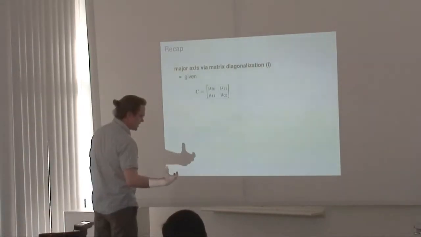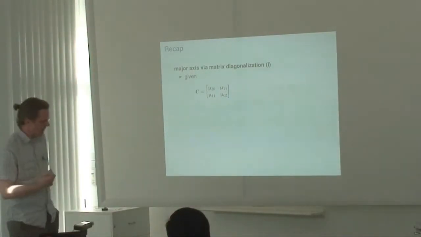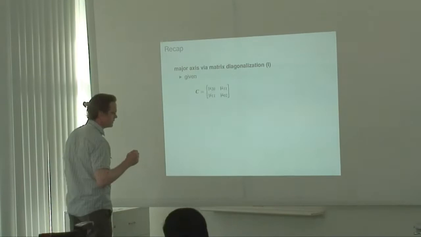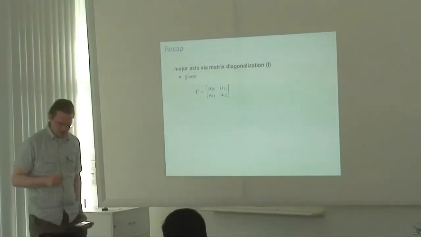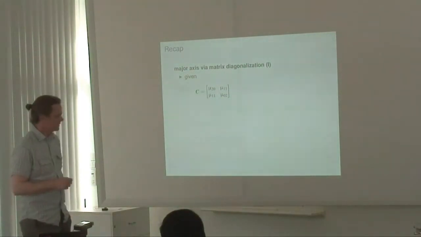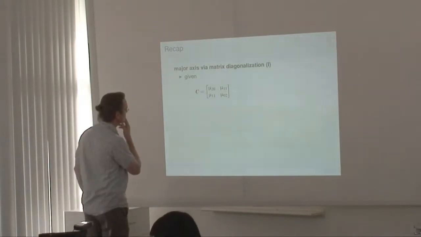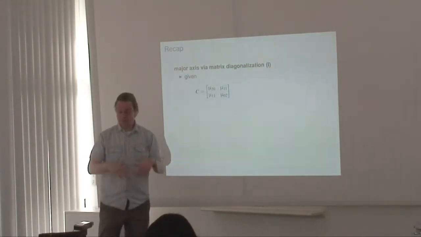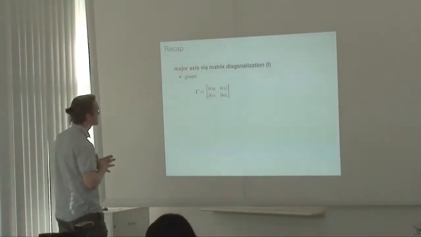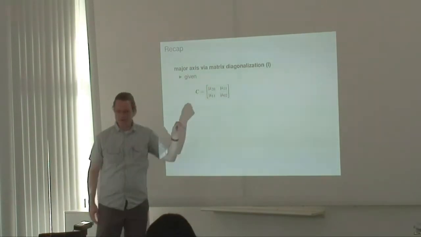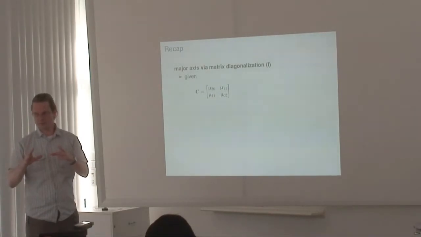The second approach towards computing this principal axis we began looking into last time is based on the idea of diagonalizing a covariance matrix. Right? And if we are given this covariance matrix, in our case still two-dimensional for the sake of simplicity, we can express it as a matrix whose four entries are given by the second order moments of the data set we are dealing with.